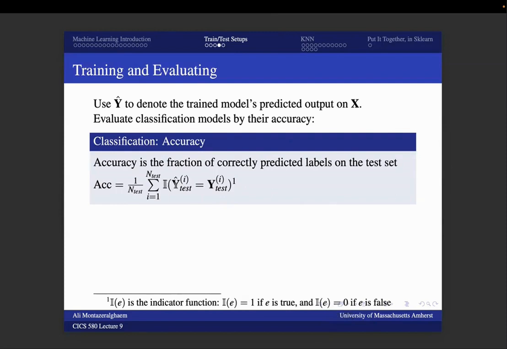So if the predicted label is equal to the real label, the indicator function returns one. For example, if you have 100 test data and for half of them the model predicts exactly the true label, then the accuracy is 0.5.